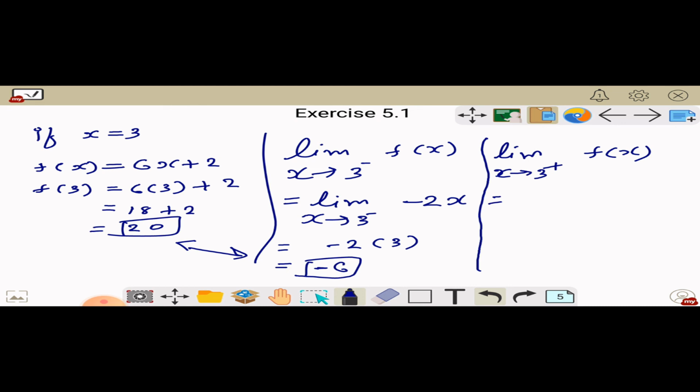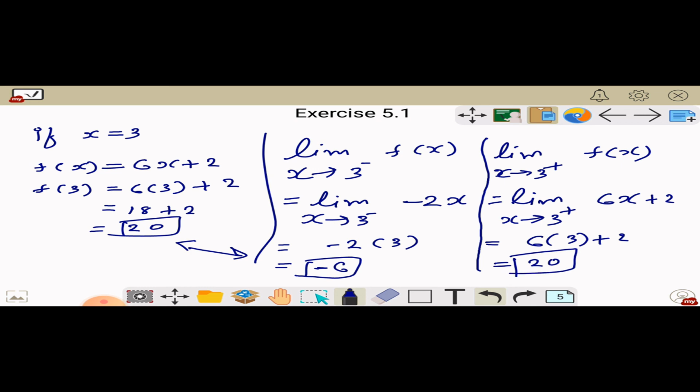Limit x tends to 3 plus f of x, and what will be our function? It will be 6x plus 2 for all the points which are greater than 3. So it is equal to 6 in the bracket 3 plus 2, which is equal to 20.